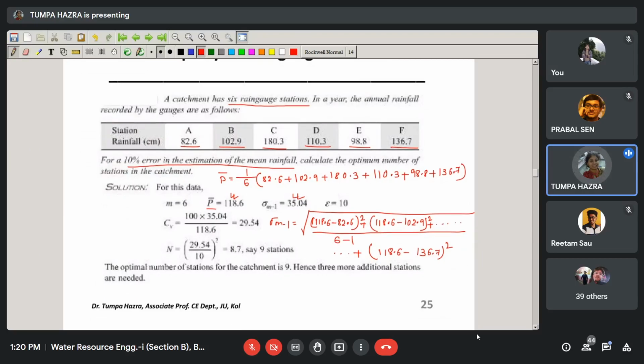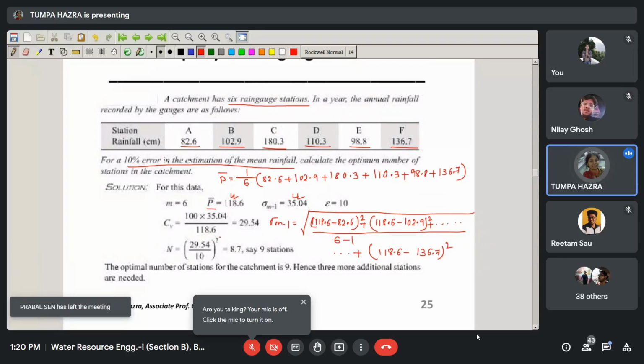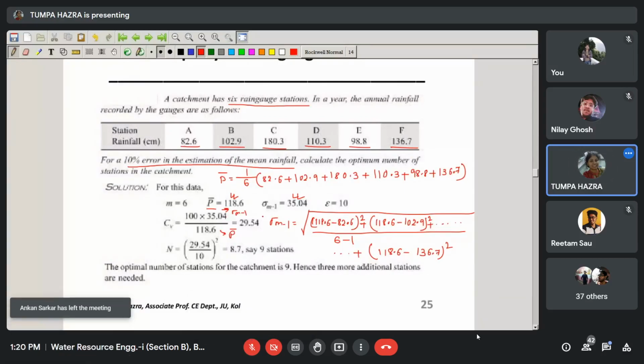You have to now determine the coefficient of variation, equal to 100 into the standard deviation by P mean. So you will have 29.54.